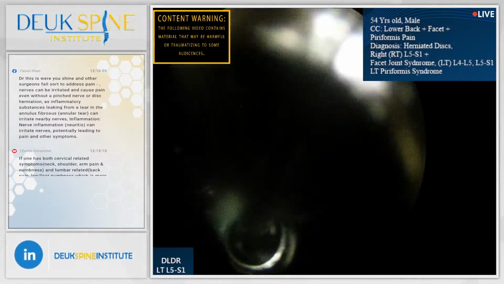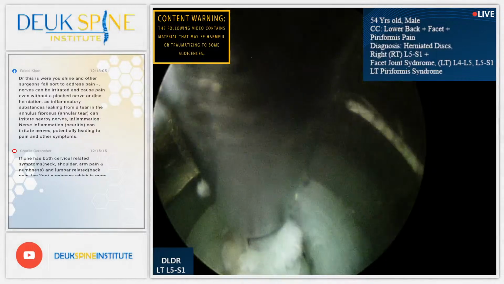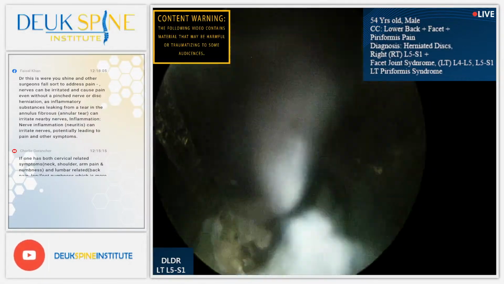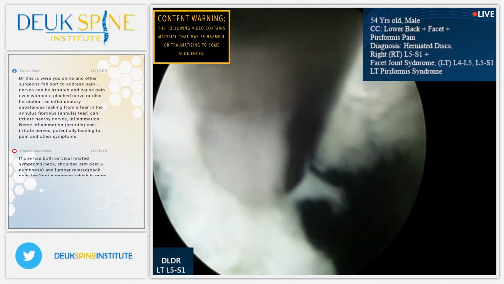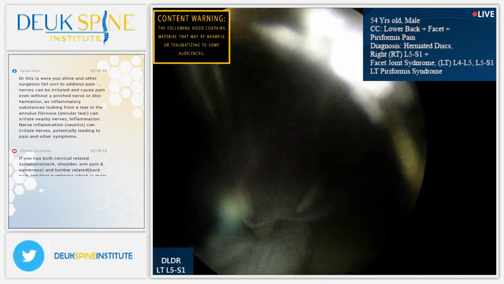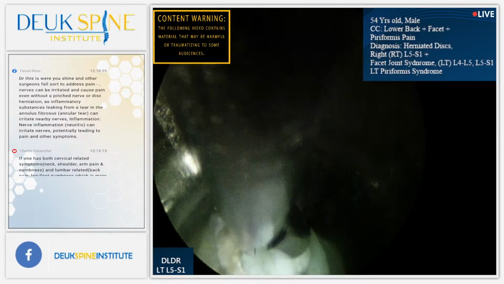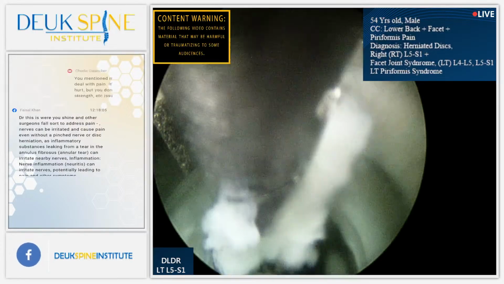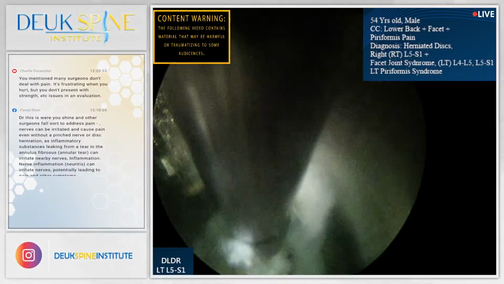Okay, but it's not the whole herniation. Unfortunately, it's in pieces. And that's because this patient's herniation, oh, there's another piece. It wasn't one herniation. It didn't happen at one time. It happened over multiple herniations, over years.